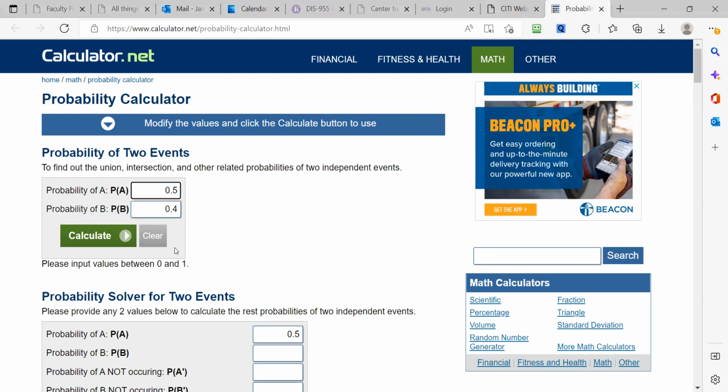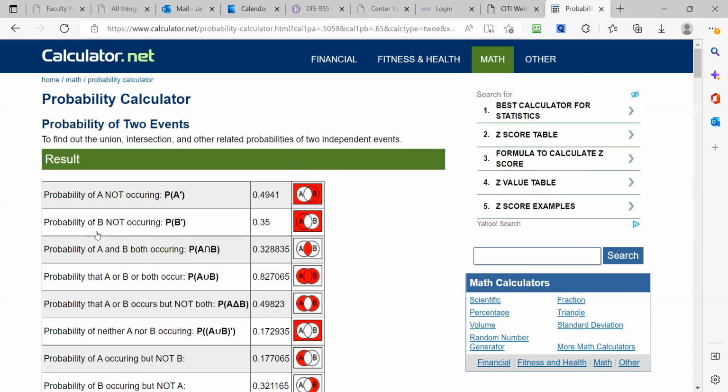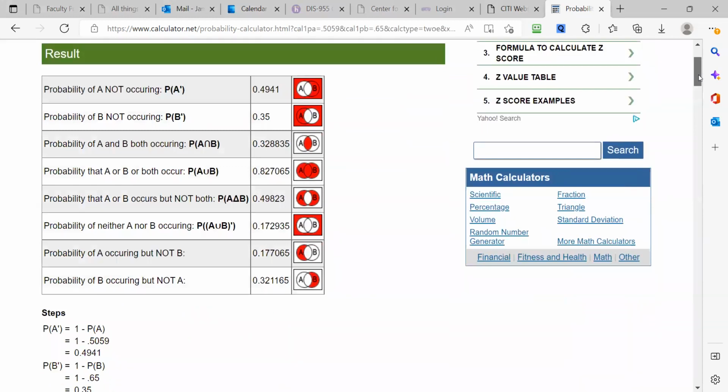Okay, so I'm going to put it in here, 0.5059. And I believe we said the probability of B was 0.65. So I'm going to double check that. We determined the probability of B was 0.65. Okay, now let me move this out of the way. Calculate. Look at that. All of these possible probabilities of just these two events that we can consider. Look at that. It's all here.